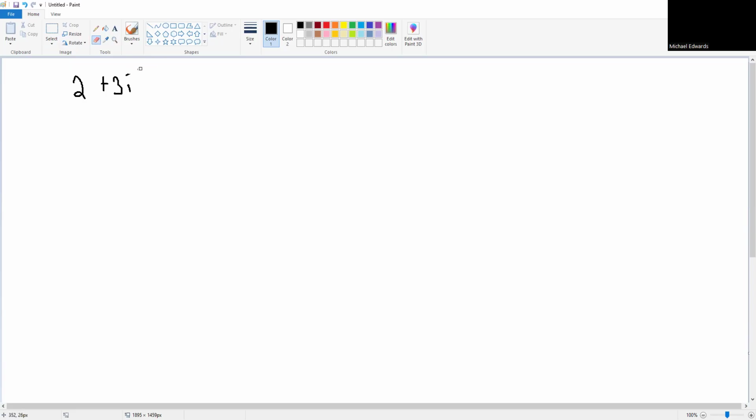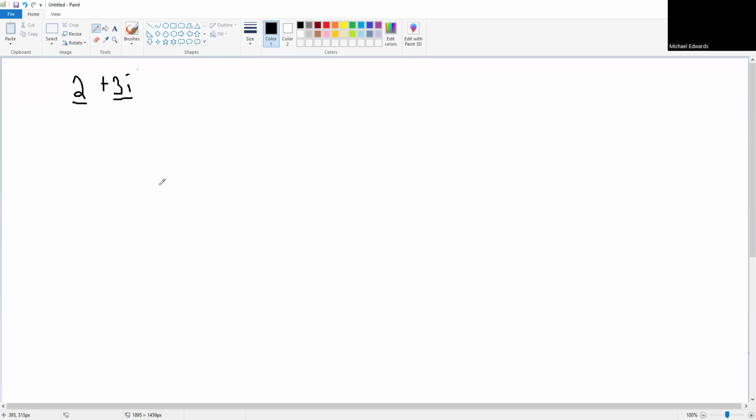Yeah, 2 plus 3i is a complex number. That means this 3i is the imaginary part and the 2 is the real part. Now we can't do anything else to this. This is the entire solution.